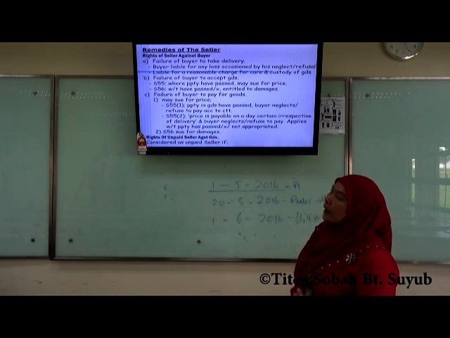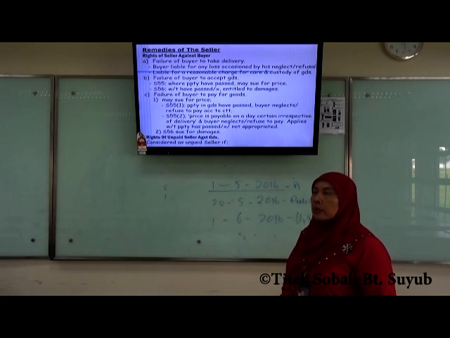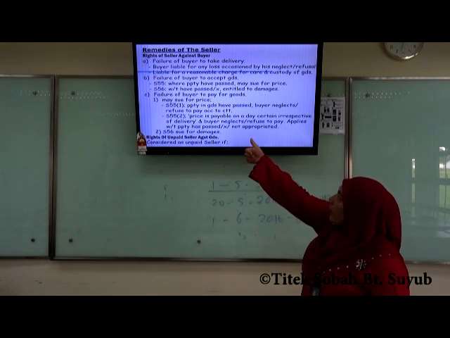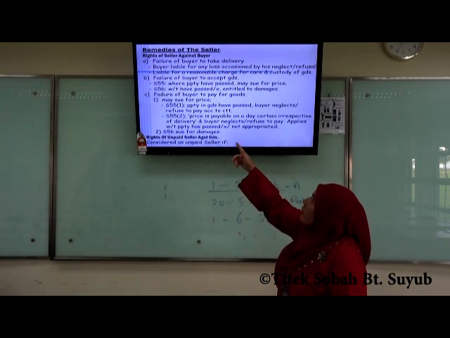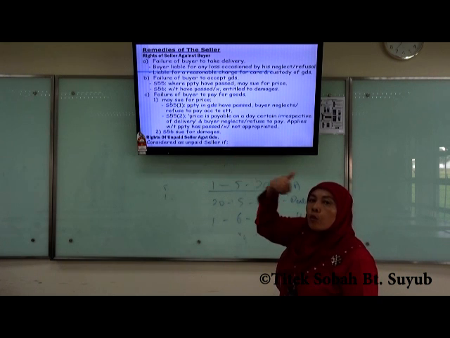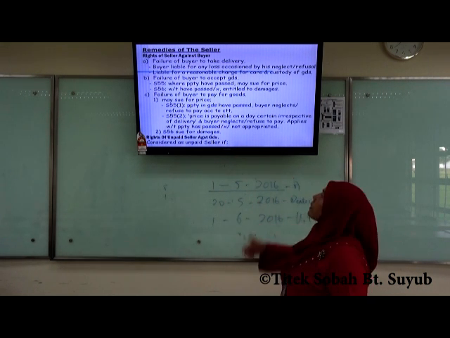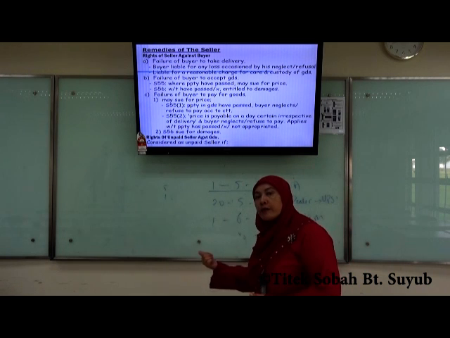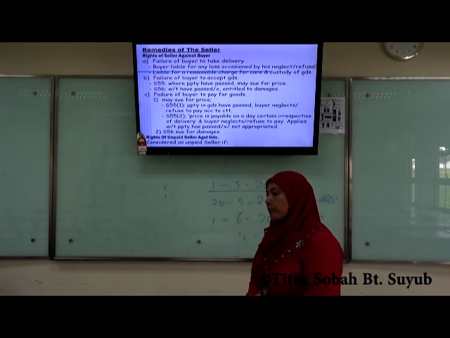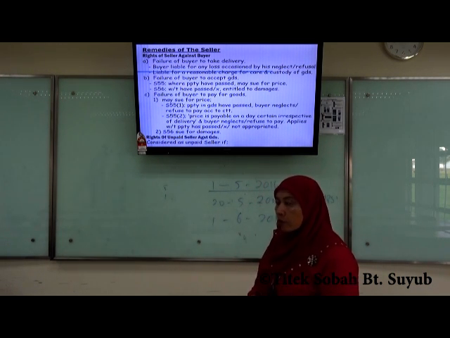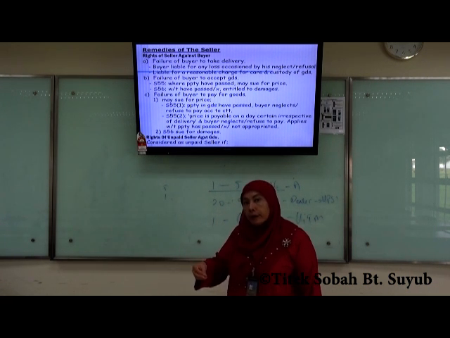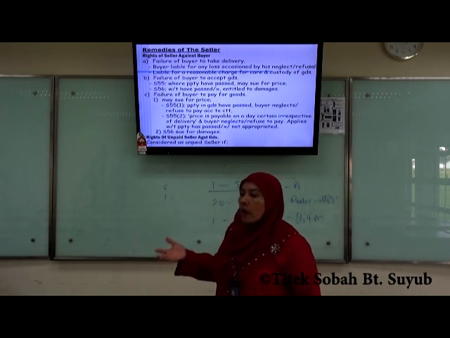So when can you say that the buyer actually committed a breach of contract? Okay, so A, this is under right of seller against the buyer when the buyer fails to take delivery of the goods. When can we say that the buyer fails to take delivery? So let's say there is already a contract of sale, meaning the buyer had already bought the goods from the seller.